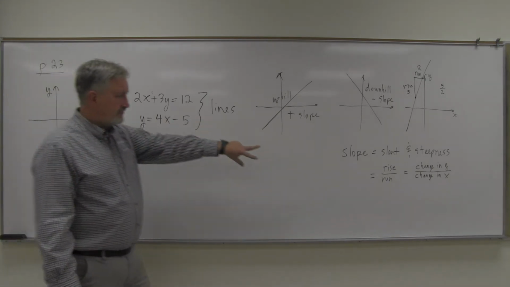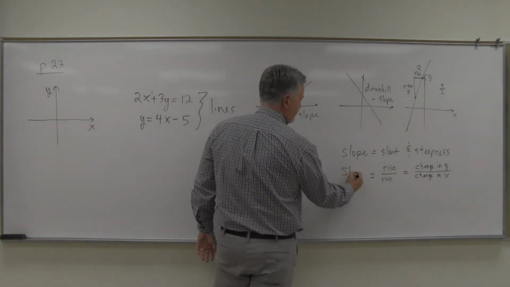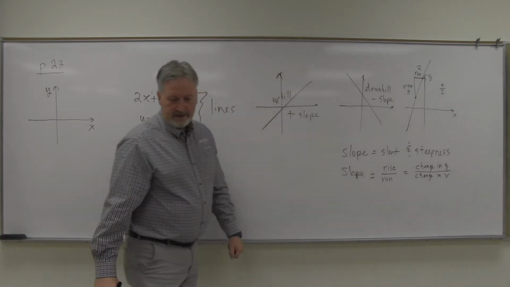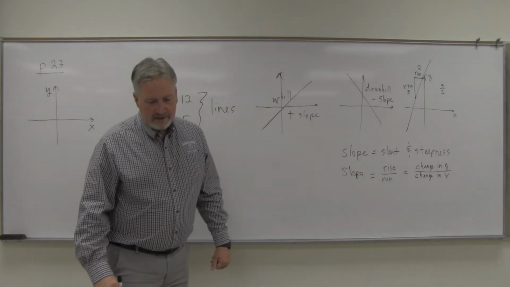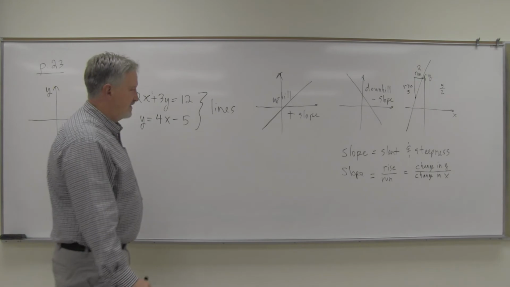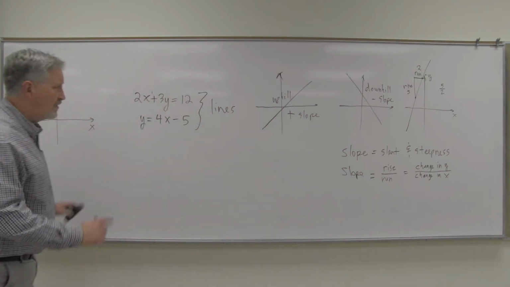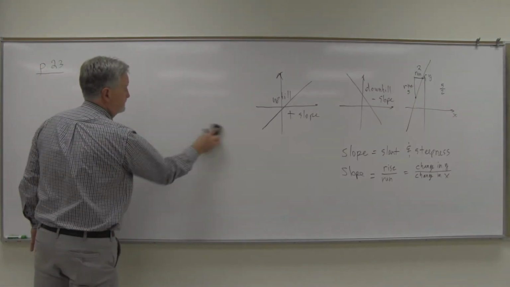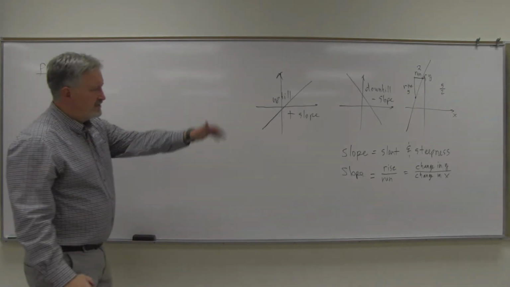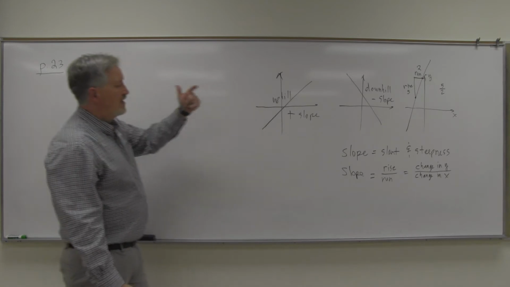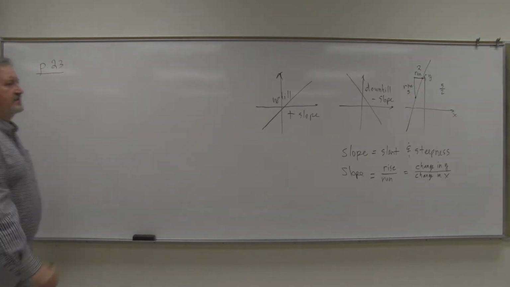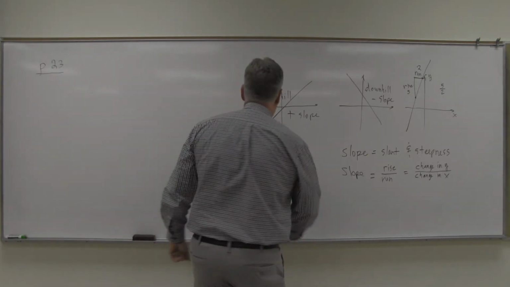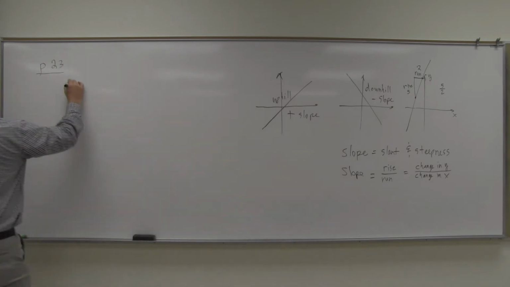And that's all tied into that second line there. The slope of the line is rise over run, changing the y over changing the x. If you've got 2 points on this line, let's draw another line here.